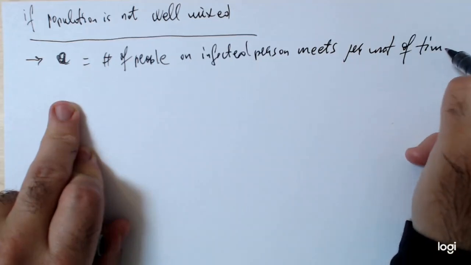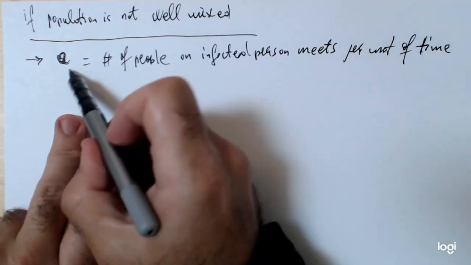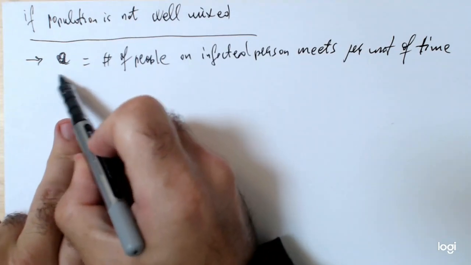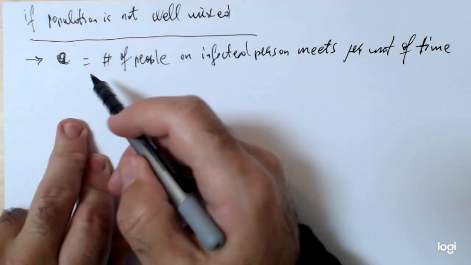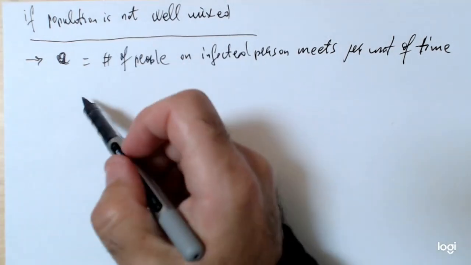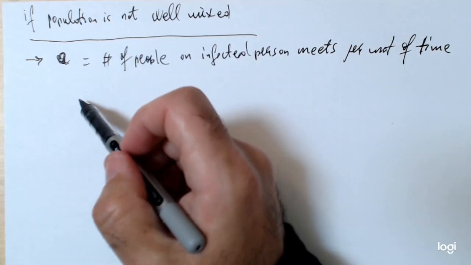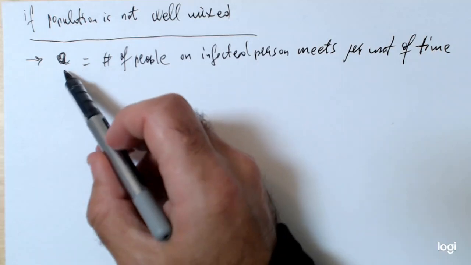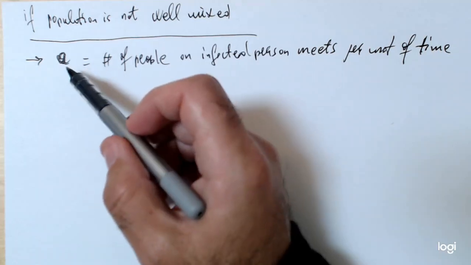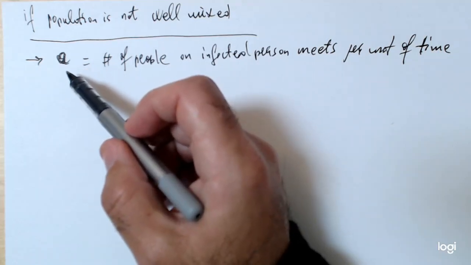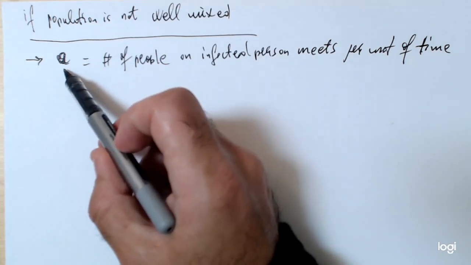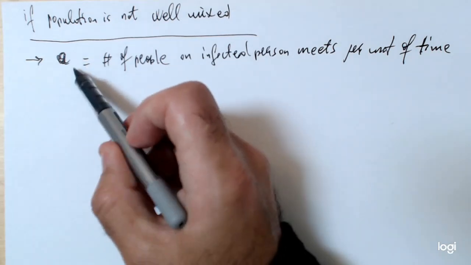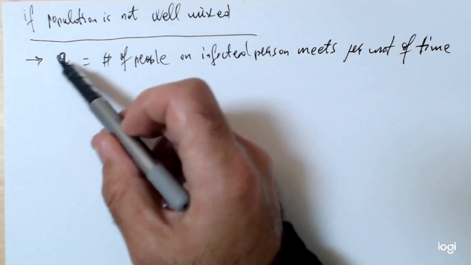It's important to understand that unlike in the previous case, when f was a fraction, this is an actual number of people per unit of time. If the unit of time is very small, like hours or minutes, this can still be, on average, less than 1. But in general, if the time is long enough, this could be an actual number of people, so it typically is bigger than 1.